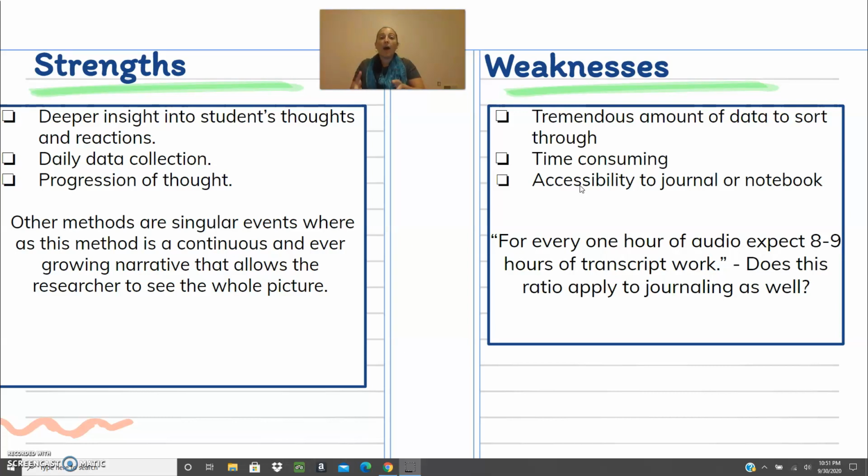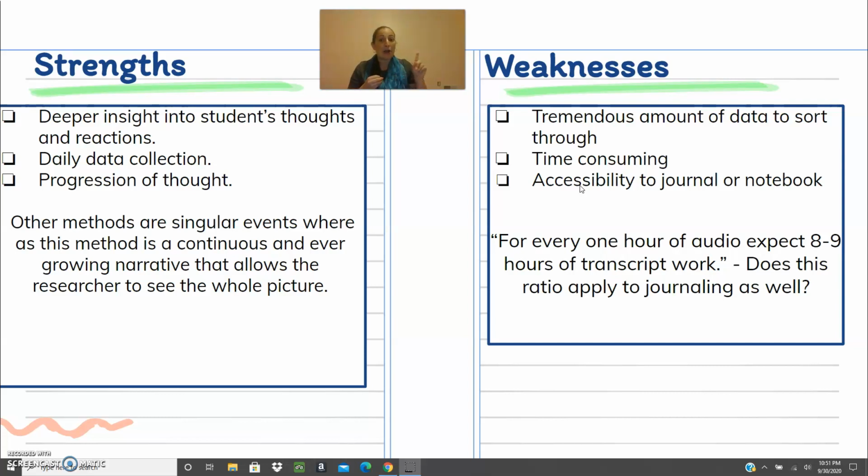You have one summative unit assessment. You have one, maybe two interviews, but they're very singular and in that moment. Whereas this method is continuous and it's ever growing. And I think it does a good job of showing the whole picture, not just a snapshot.